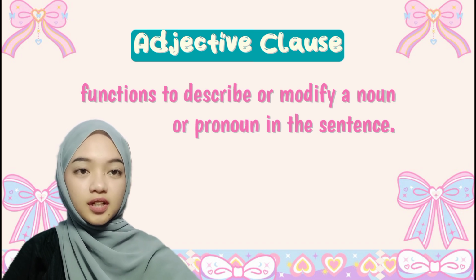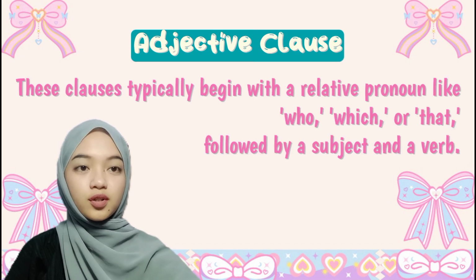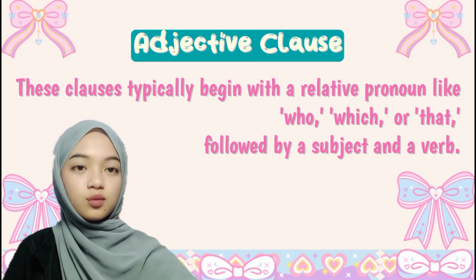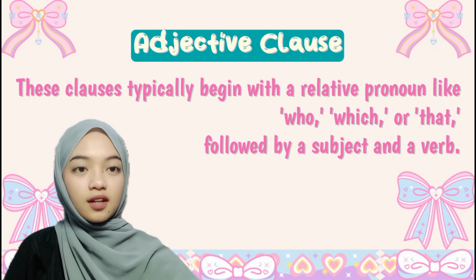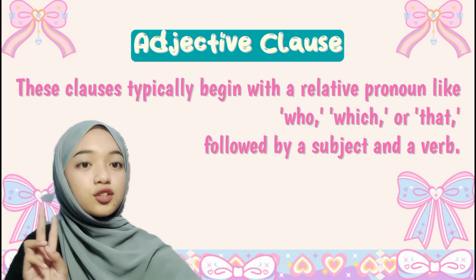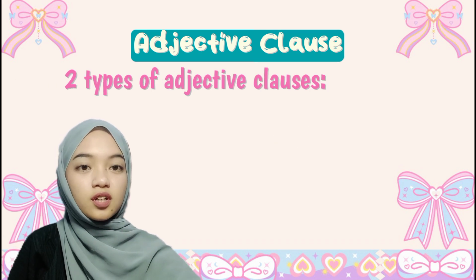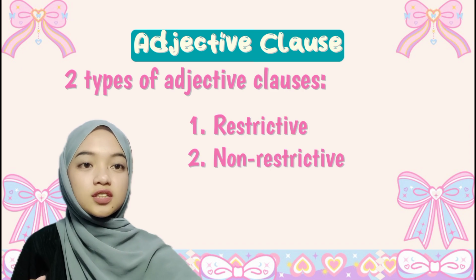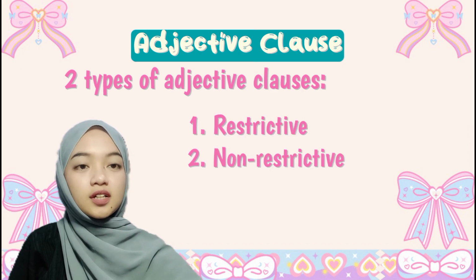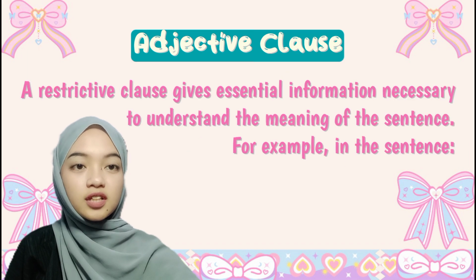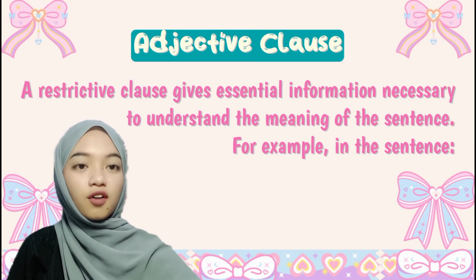These clauses typically begin with a relative pronoun like who, which, or that, followed by a subject and a verb. There are two types of adjective clauses, so there are restrictive and non-restrictive clauses. A restrictive clause gives essential information necessary to understand the meaning of the sentence.